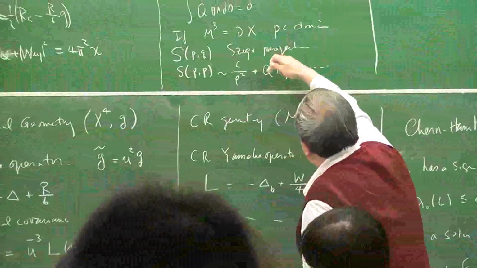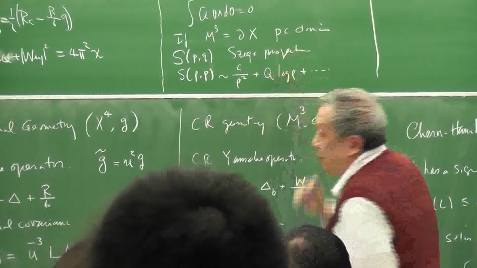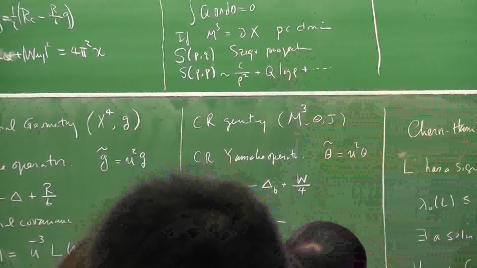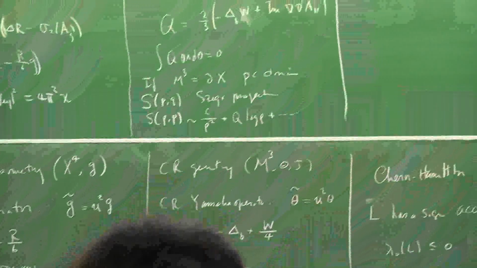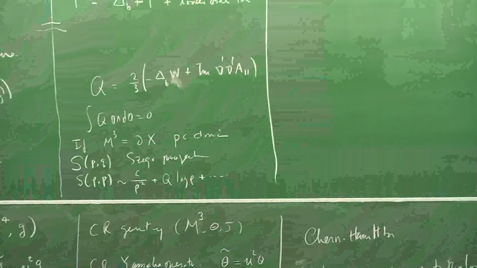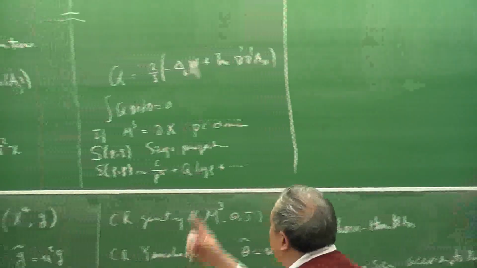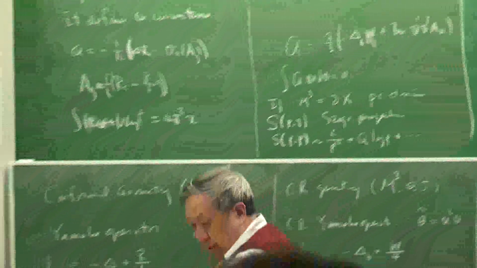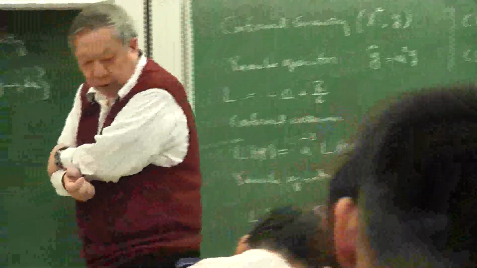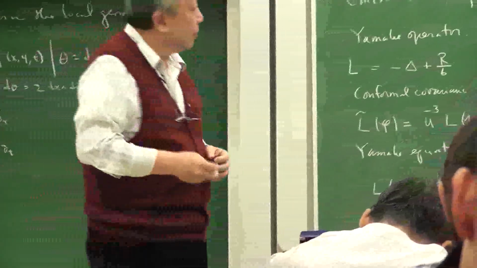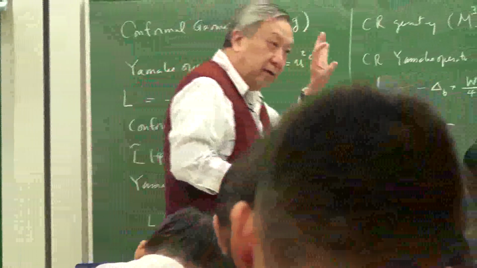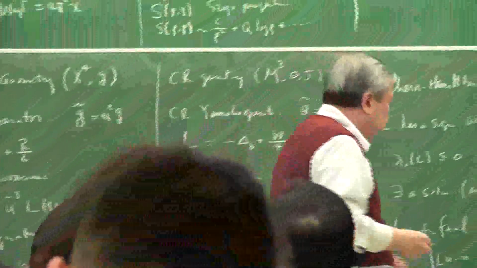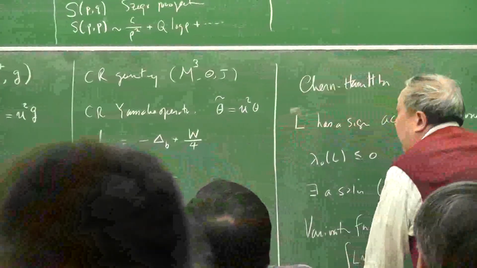So a lot of work is spent trying to deal with the case where this coefficient here is non-vanishing. So this explains a little bit about what our operator, or the Hirachi operator, has to do with the complex analysis of the manifold in question. All right.